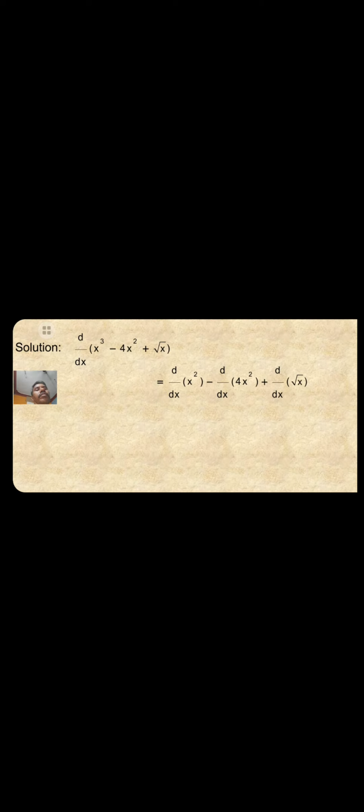So for each term we can apply, or we can separate the differentiation, or we can write like this: d by dx of x cube minus d by dx of 4x square plus d by dx of root x. Here again the power 3 is typed as a power 2, so you adjust it, you can understand it.